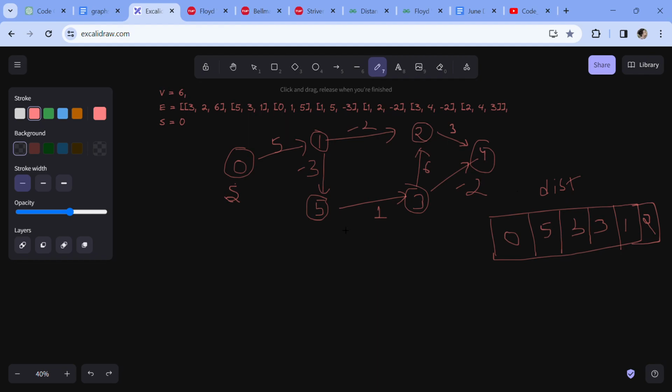So how will we calculate this? With the help of code, or any approach.